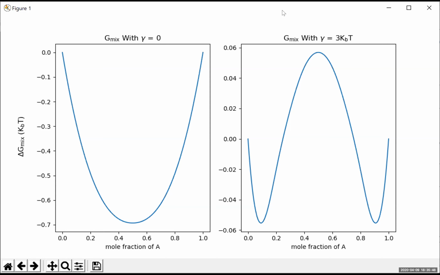So this graph describes the mole fractions where it would be most favorable. So the solution would ideally reach one, so each phase would only be on one side of the graph. The phase that is predominantly B will follow the curve to the left side, and the phase that is predominantly A will follow the curve to the right side.